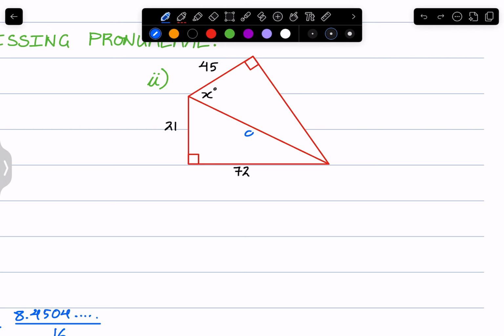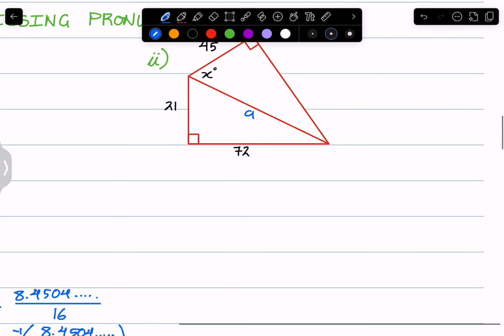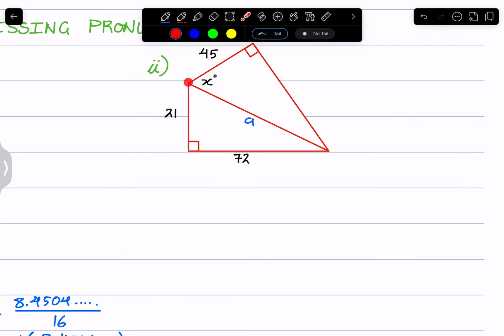So let's label this side here. Let's label that A. And immediately I hope you can see that this is going to be Pythagoras theorem this time. So for this, it's going to be A squared equals 21 squared plus 72 squared.